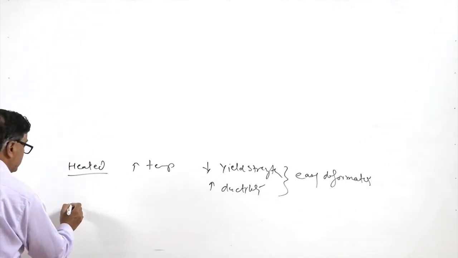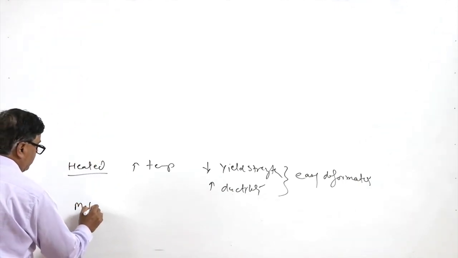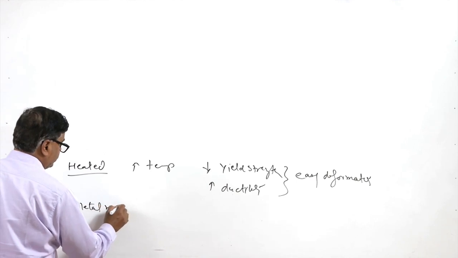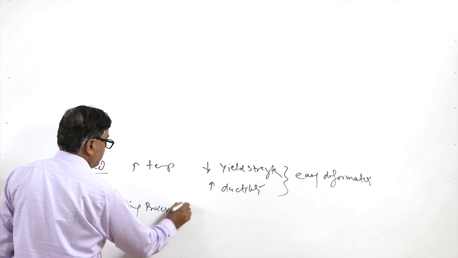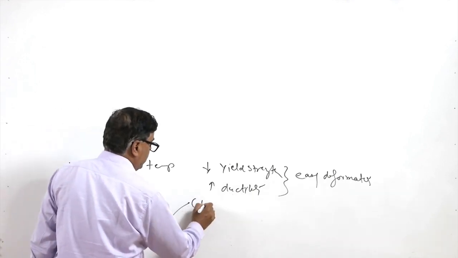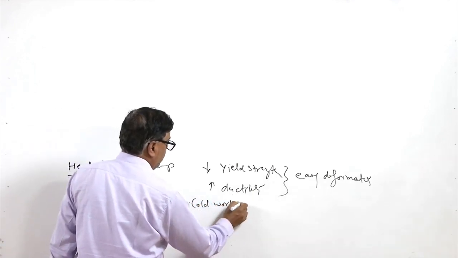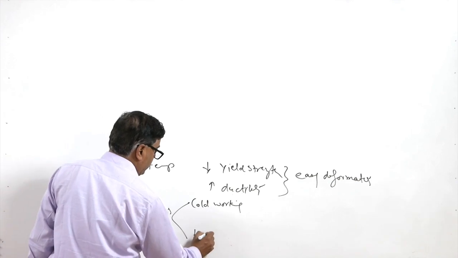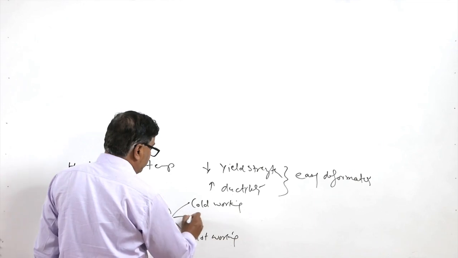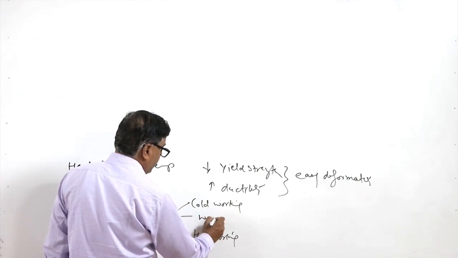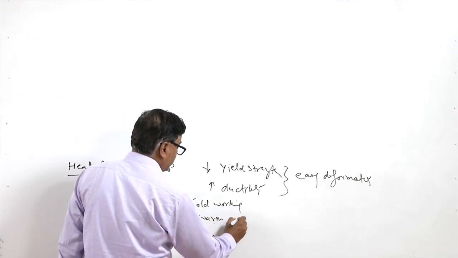two categories, means the metal working based processes fall in two categories. One is the cold working and another is hot working, and in between people sometimes say that warm working processes.